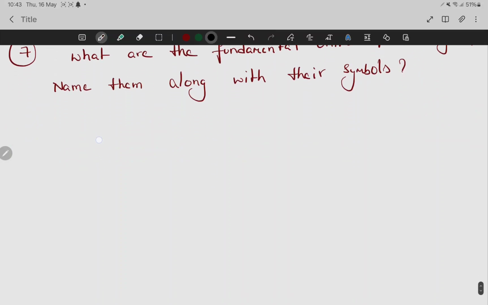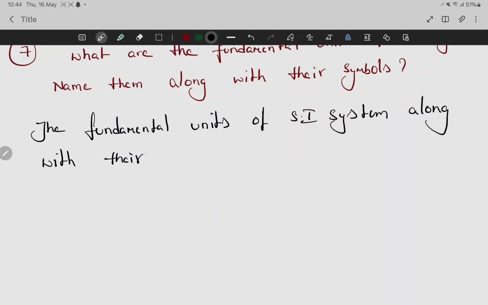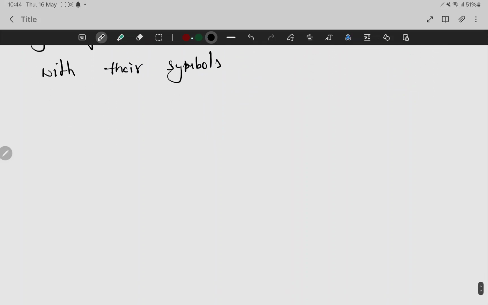So coming to the answer, the fundamental units of the SI system along with their symbols. Let's draw a box.